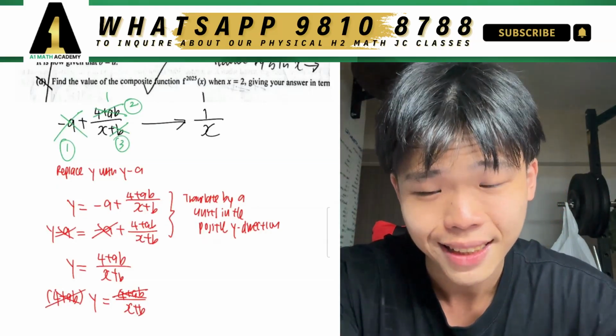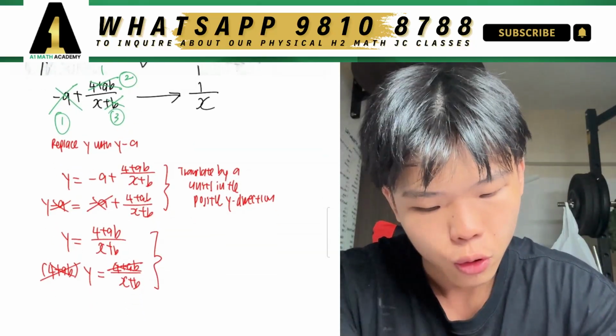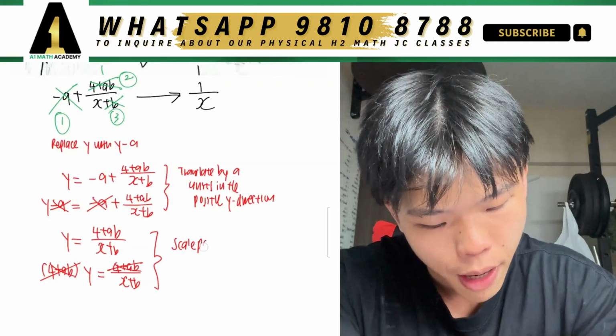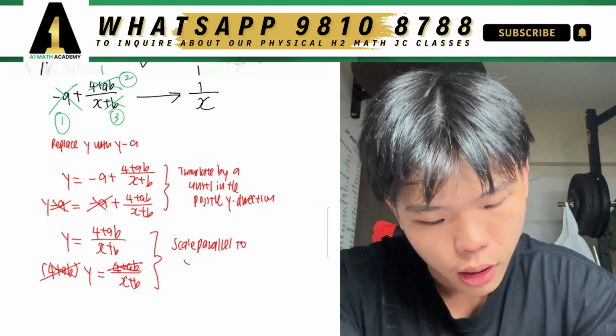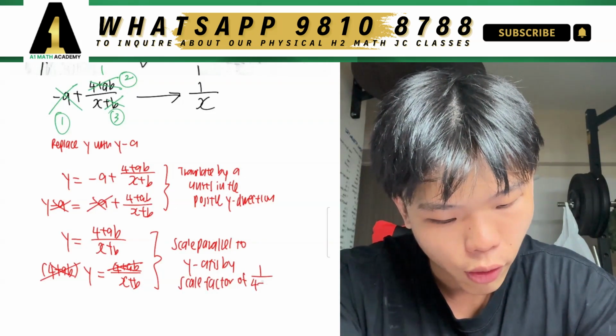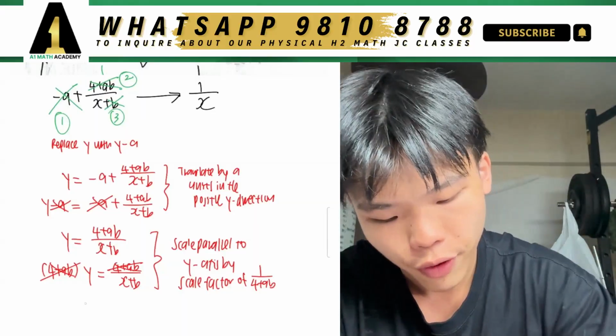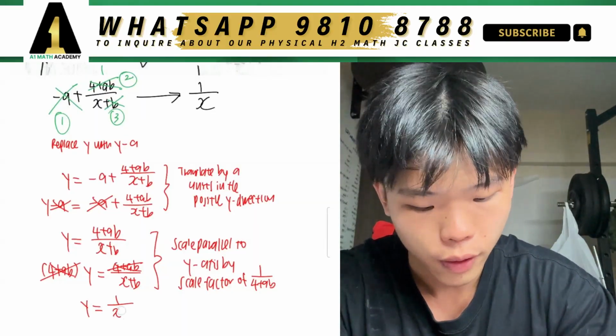Now, how do they actually cancel out? This is where you will scale parallel to the y-axis by a scale factor of 1 over (4 plus ab), right? Because now you're dividing away the multiple of 4 plus ab. So eventually you end up with y equals to 1 over (x plus b).